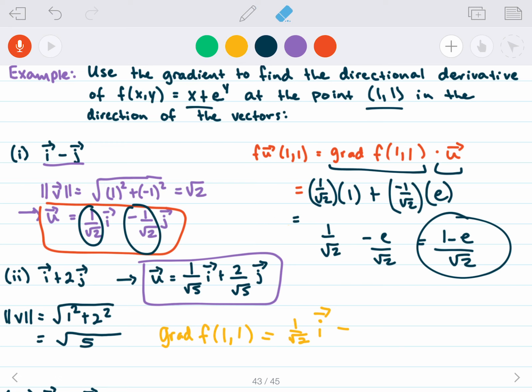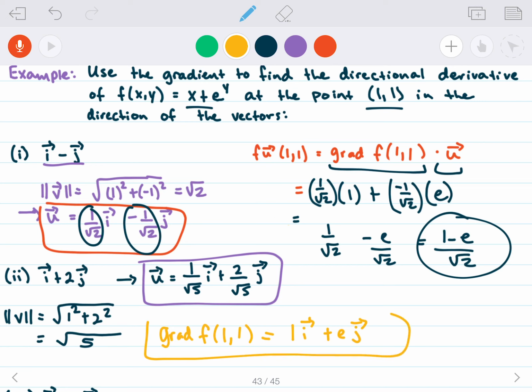The gradient, sorry, the gradient was, let's see, yeah, it was 1i plus ej. Okay, there was our gradient.